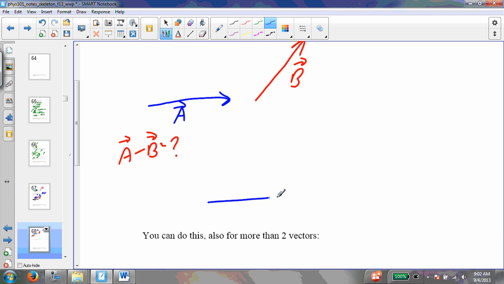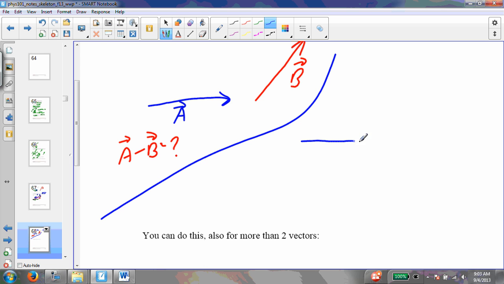Then I would draw A. Actually, let me draw that up a little bit. I would draw my vector A like this. This is A. And now I'm going to draw negative B. Negative B just means it's the opposite direction of the vector B. So if I draw negative B, it's going to be the same as vector B, but in the opposite direction.